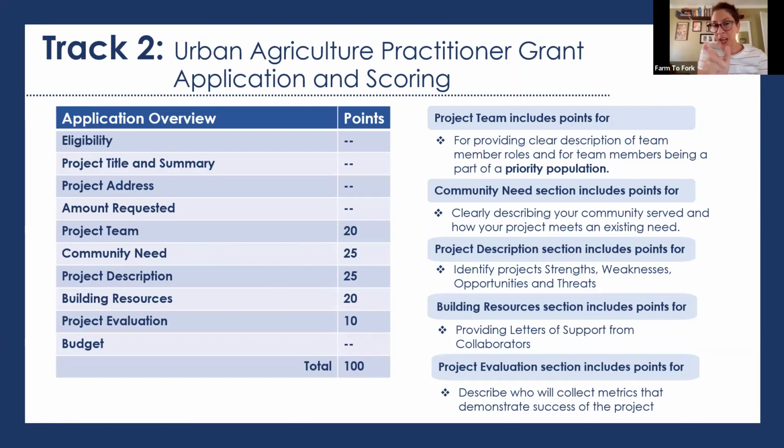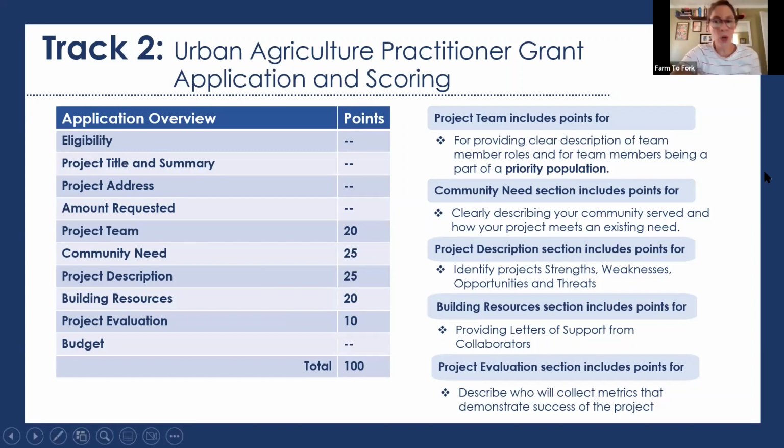I would make sure to have that separate, so when the external reviewers are reading your application, they will be able to see that and give points to your project for displaying these aspects.